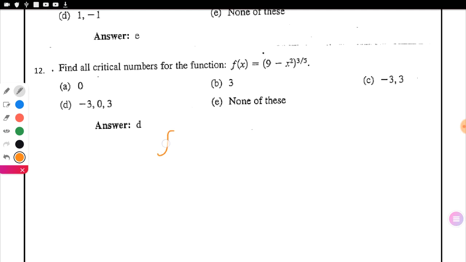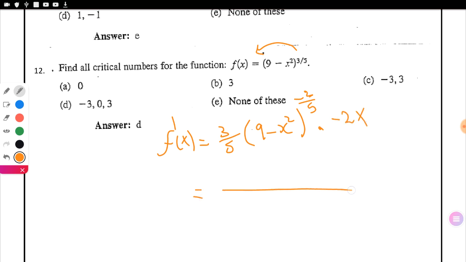Use the general power rule: 3 over 5, multiplied by (9 minus x squared) to the power, decreasing the exponent by 1, negative 2 over 5. Multiply, don't forget, by what is inside: negative 2x.